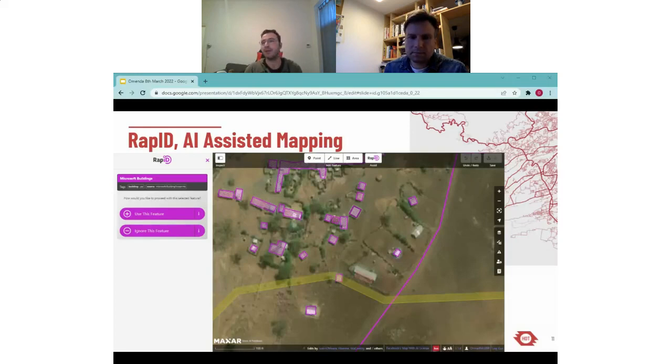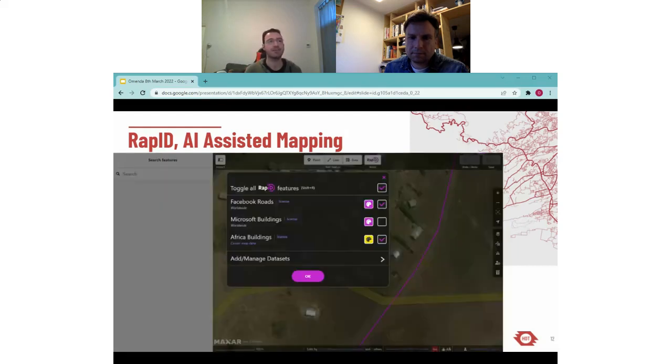That makes it a little easier for mappers rather than drawing the whole buildings. A couple of challenges have been there: it's focused on specific areas. We don't have those features predicted for the whole world.